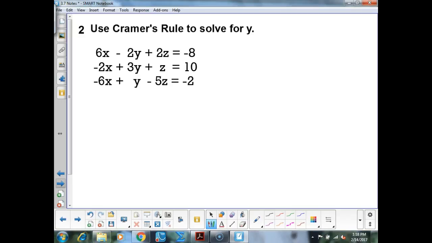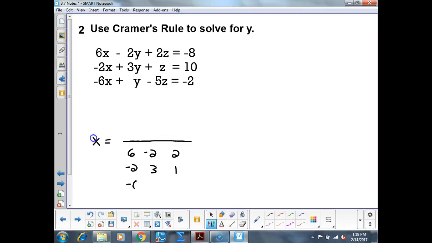So the setup for the x. On the bottom is just as they are. 6, negative 2, positive 2. Negative 2, positive 3, 1, negative 6, 1, negative 5.